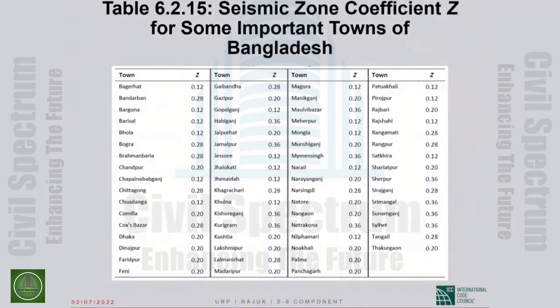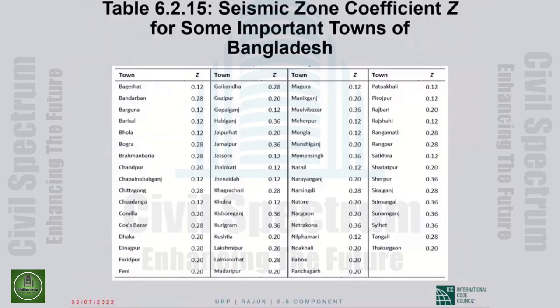Now, to make things simpler for you, for most important communities in Bangladesh, you have the Z values given in this table. Okay? So you don't even have to go to the map. You look up Dhaka, your Z is 0.2.